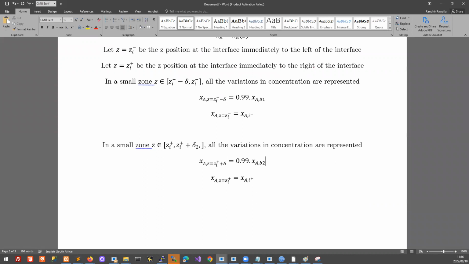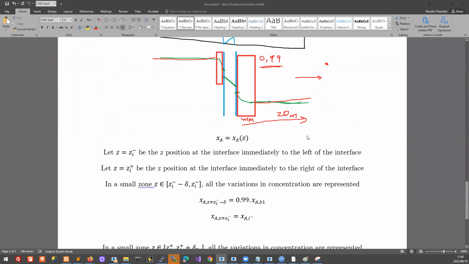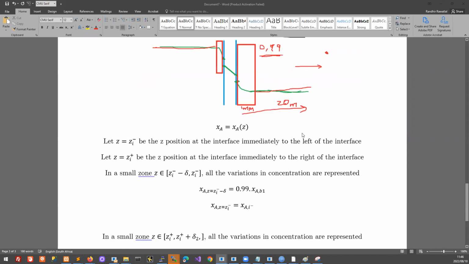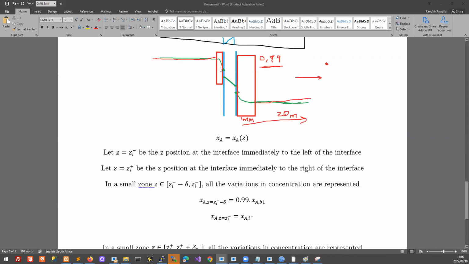So any further questions or comments on that one? It always helps to recall what we are saying in film theory: all the concentration difference is concentrated into a small zone. And we define the thickness of that zone to be delta. We don't know offhand how thick that is.